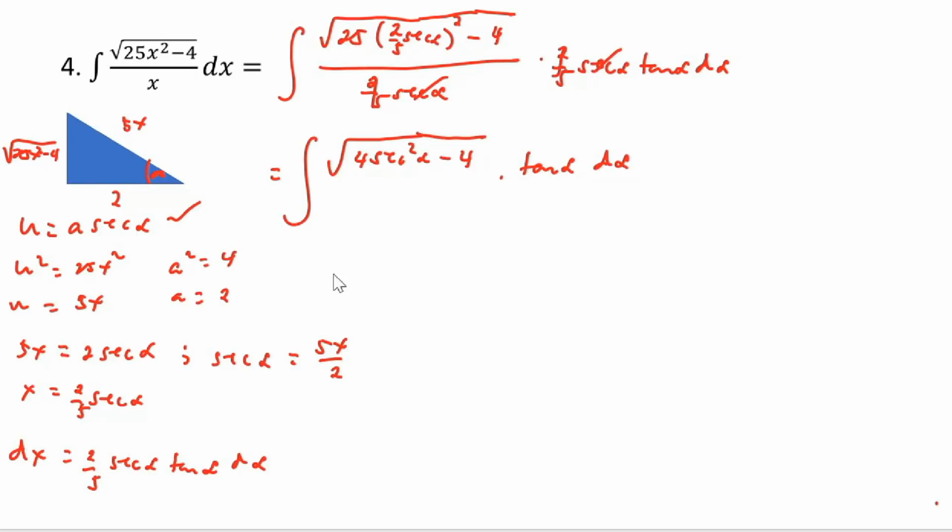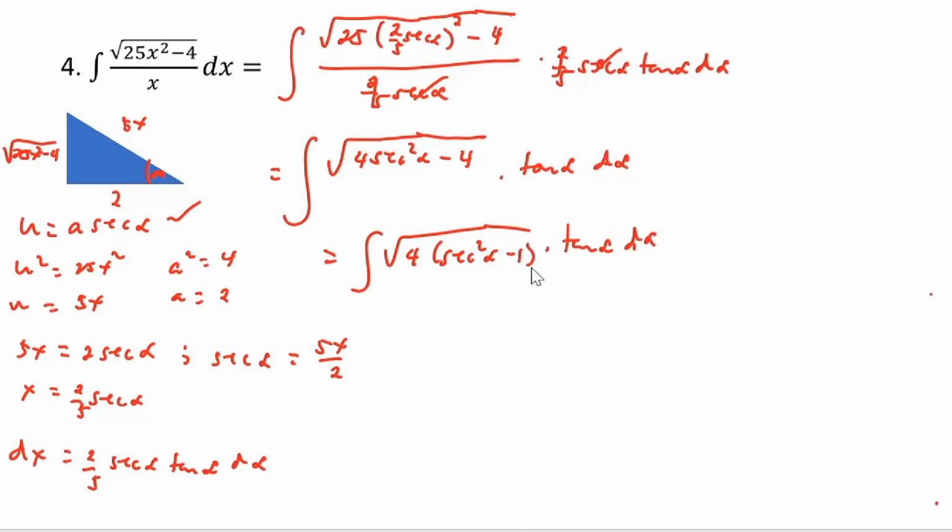So by simplifying the radicand, we have now the integral of, there's a common factor of 4. So we can write now the square root of 4 times secant squared alpha minus 1 times tangent alpha d alpha. The square root of 4 times secant squared alpha minus 1.